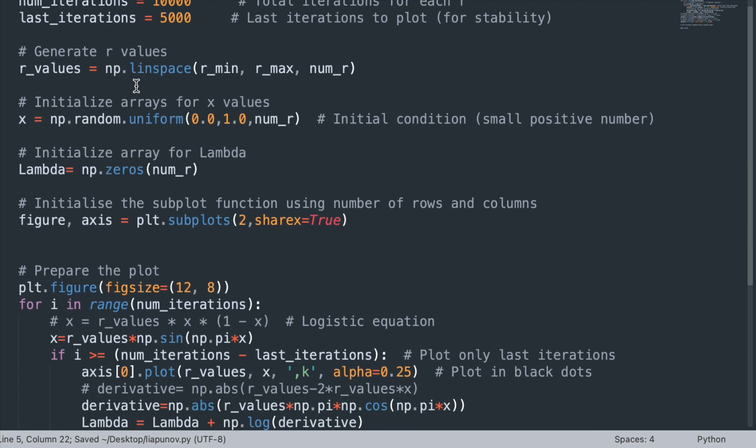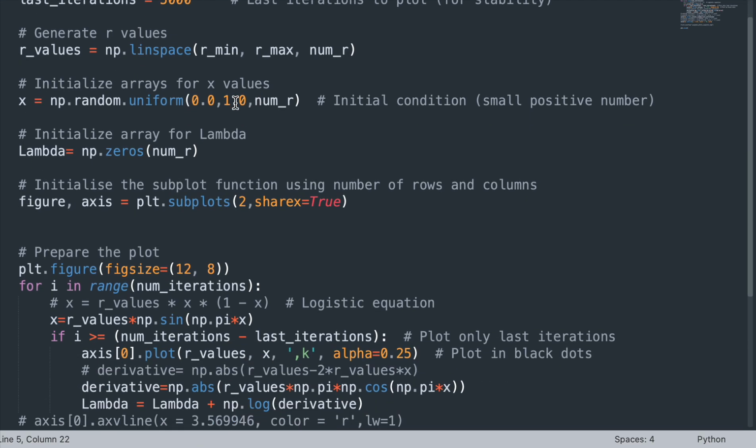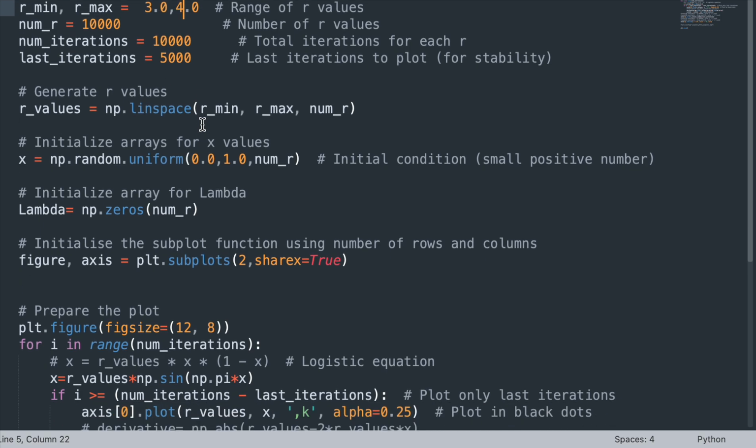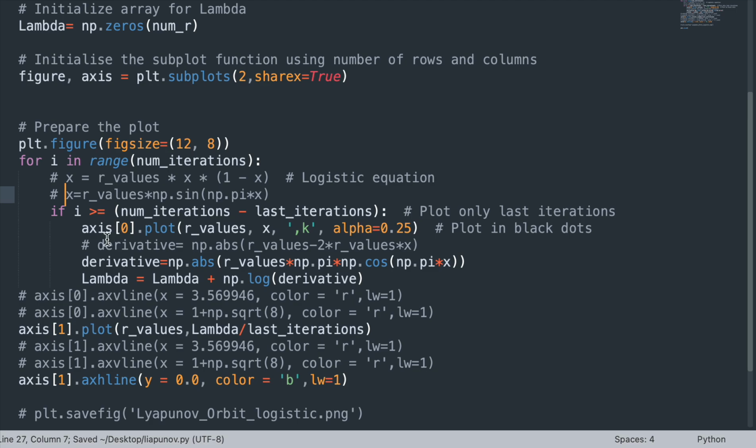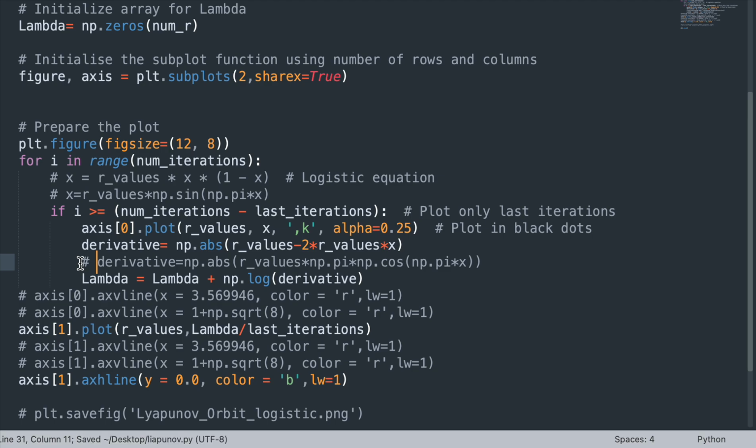It has been experimentally verified, that I will tell you later. I am drawing for the logistic equation. This is the logistic equation, this is the derivative of the logistic equation.